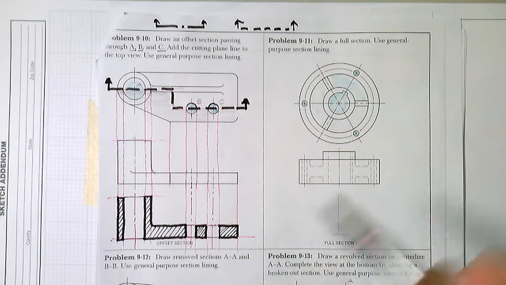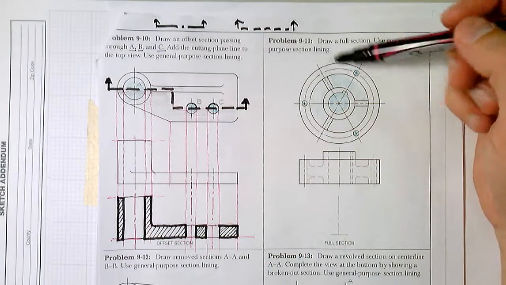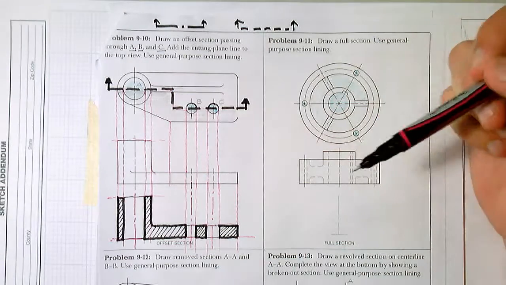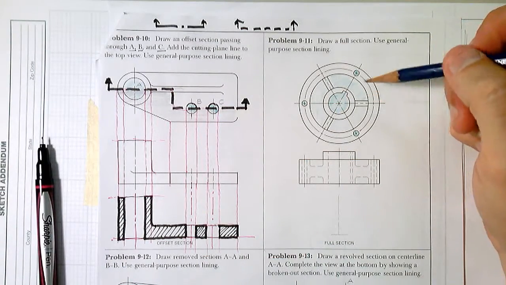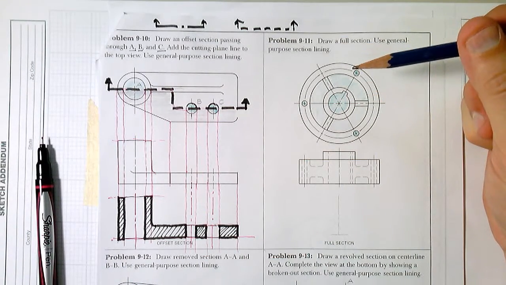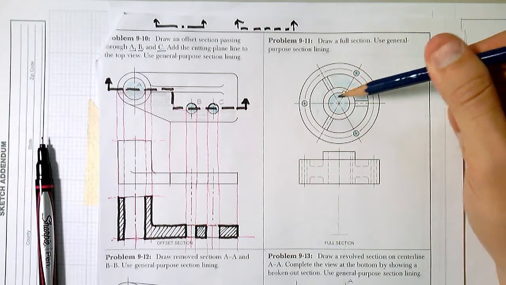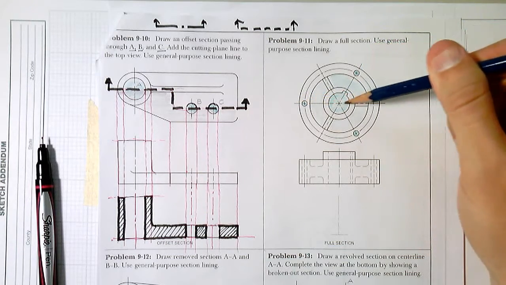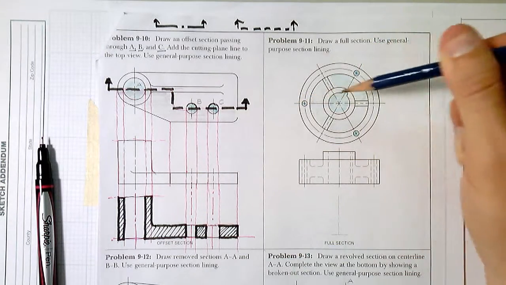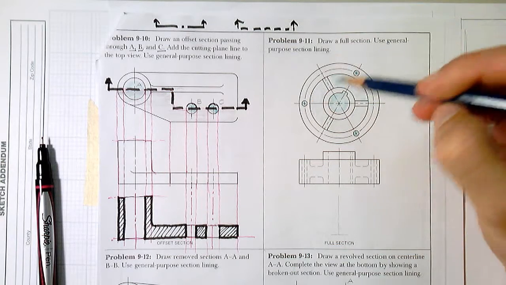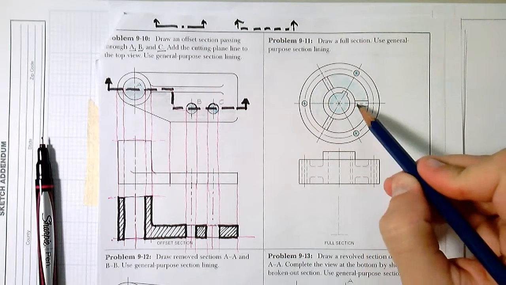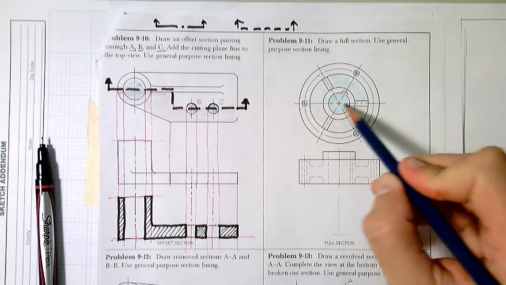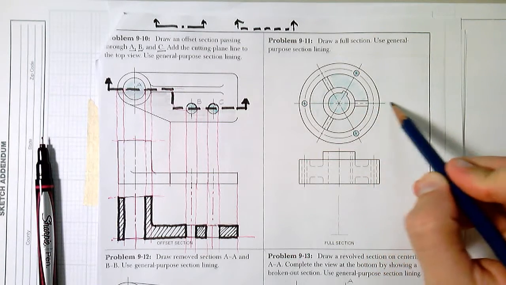The next thing we want to do is draw a full section. And we need to know our cutting plane line, right? That's the first rule. We've got to come up with our bold cutting plane line. So to cut through this object and to tell the proper story, we're going to just cut straight across this area here, because that's going to tell us about this drilled hole that we have in every condition. It's also going to tell us about this rib or this cut through, because there's a little cut through here.